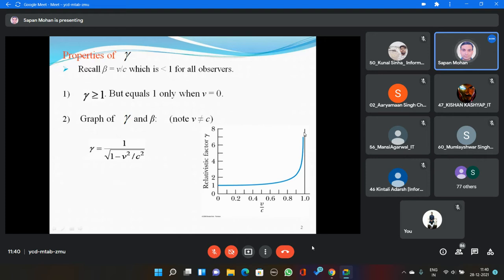Immediately it goes to infinity, since 1 minus 1 is 0, and the root becomes infinity. So the velocity of a frame never approaches or equals c. It is even an imaginary value of space; we give infinity over here. But at any value very much less than c, gamma never goes below 1.